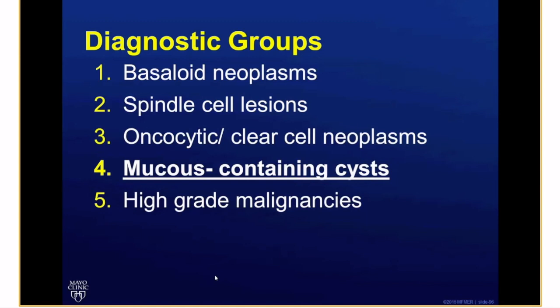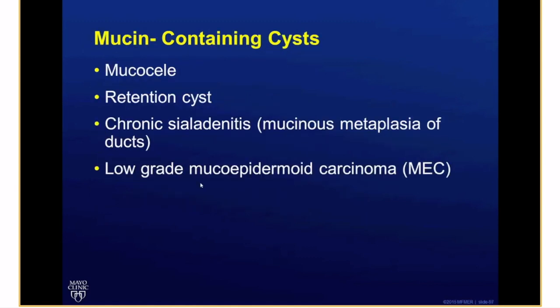As we move along, we have now reached our fourth group, the mucin-containing cysts. Among this group, we have benign, non-neoplastic, and neoplastic lesions, like you have mucocele and you have a low-grade mucoepidermoid carcinoma.